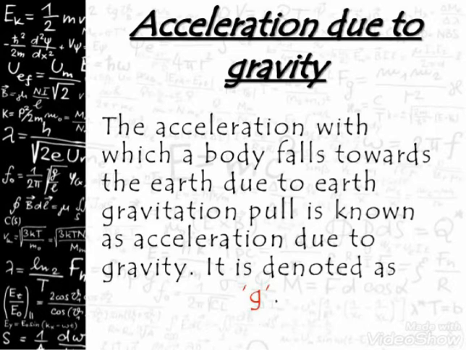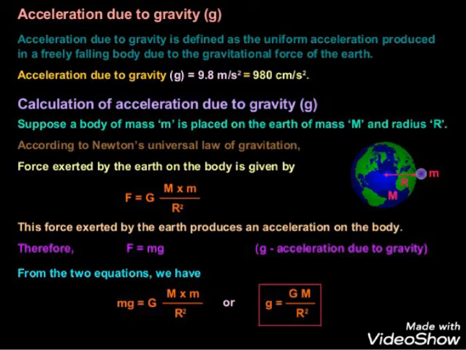We always write acceleration due to gravity with small g, and it is nothing else. It is the acceleration of a body with which it is moving towards the earth. Every object is moving towards the earth, so that is denoted by small g. Now we are going to study the value of small g.